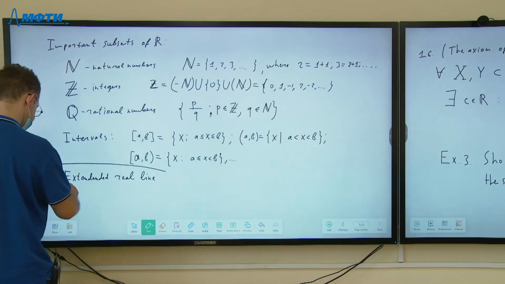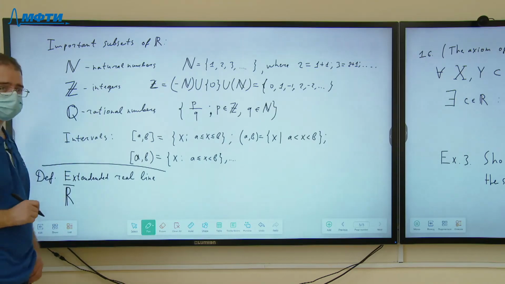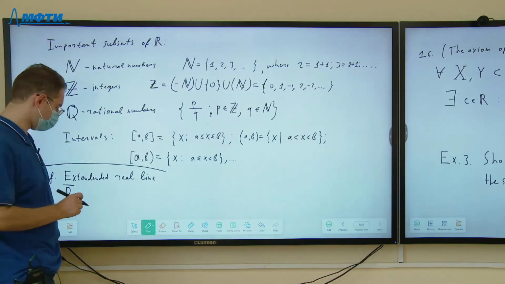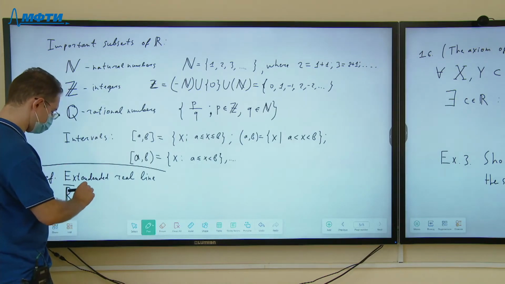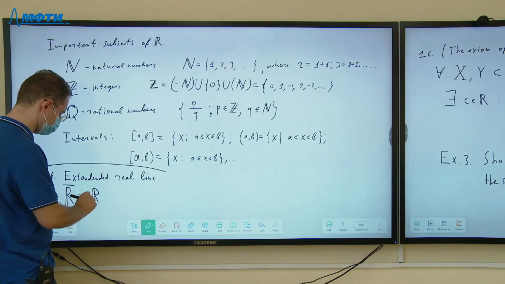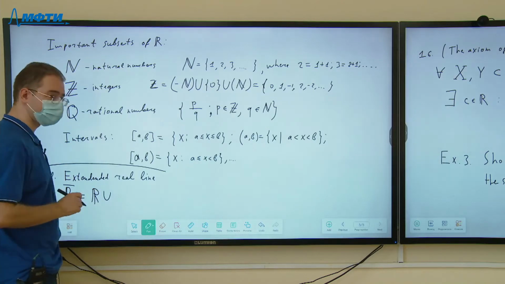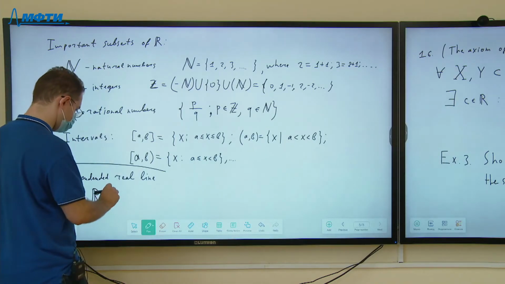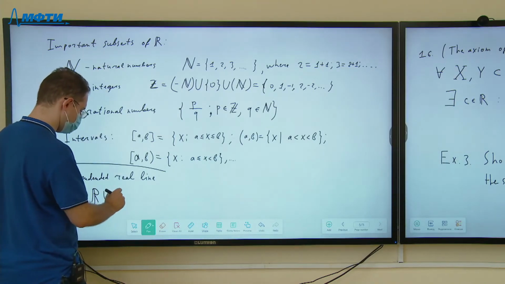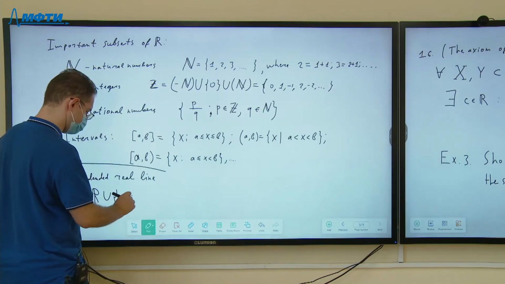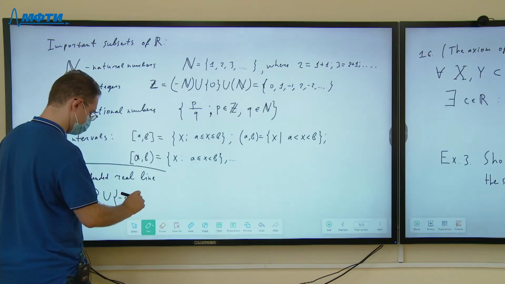I will call it R with a bar above, R with a bar. This is just R and two new symbols, that I will call minus infinity and plus infinity.